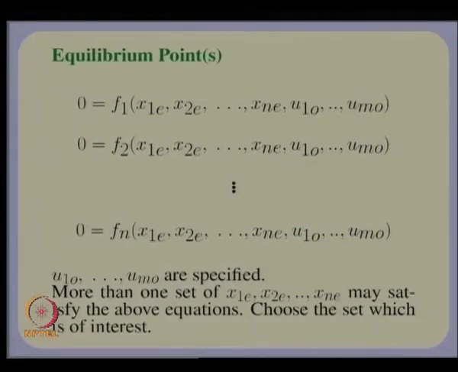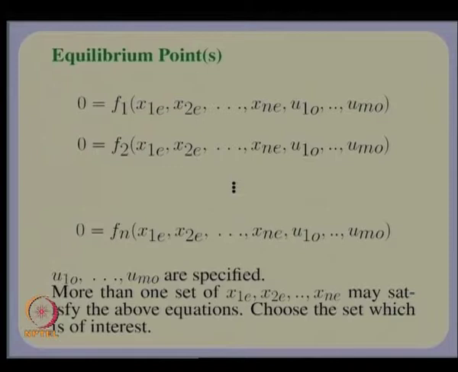Now, the equilibrium points for this system are obtained by setting x1 dot, x2 dot and so on equal to 0. Okay. Of course, in this nonlinear system, u denotes the inputs. So, if the inputs u10, um0 are specified, okay, those are the nominal inputs which are given for this equilibrium point, then the equilibrium values of the states may be obtained from these algebraic equations.